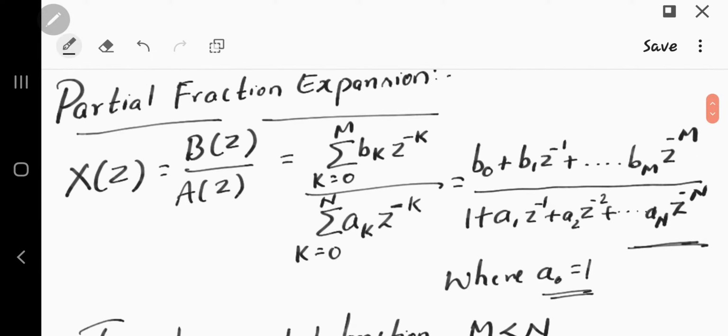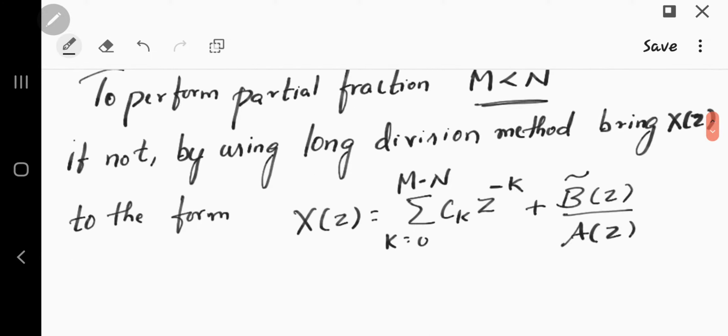So remember, this is b of z by a of z, and this one is b bar z by a of z. Now what is this b bar z?